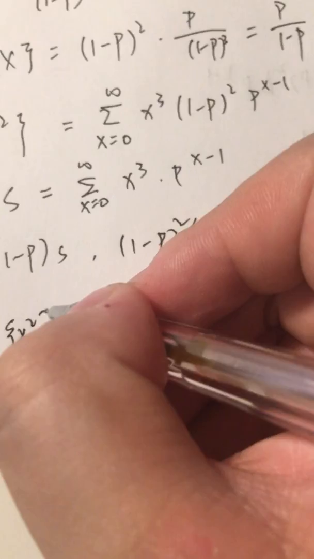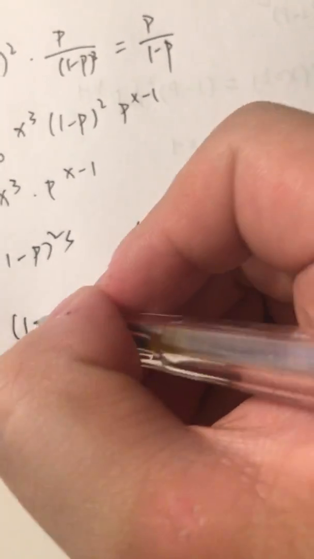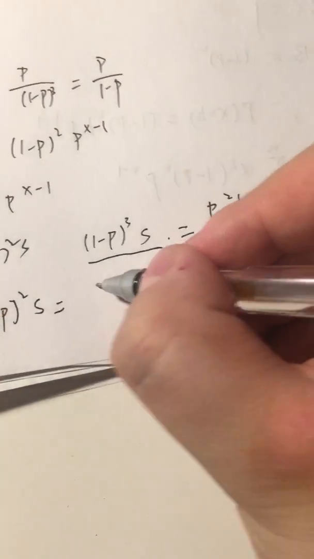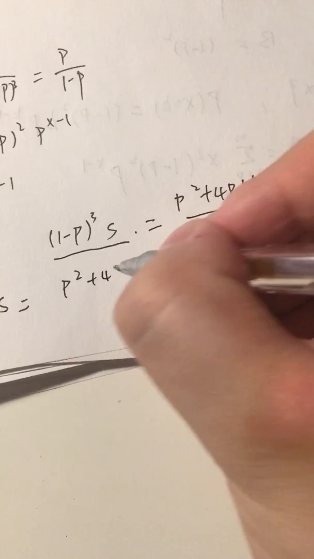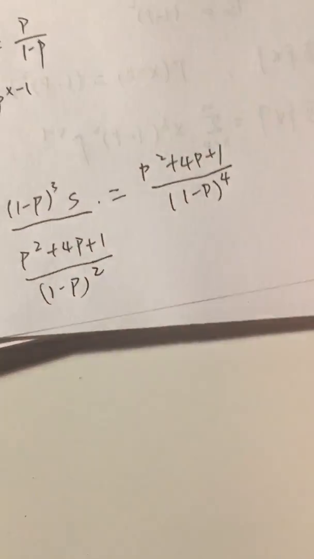So we get the result EX squared is (1 minus p) squared times S, which is (p squared plus 4p plus 1) divided by (1 minus p) squared.